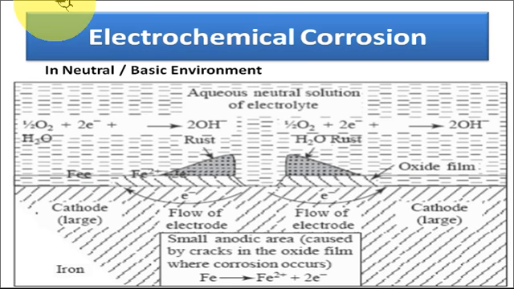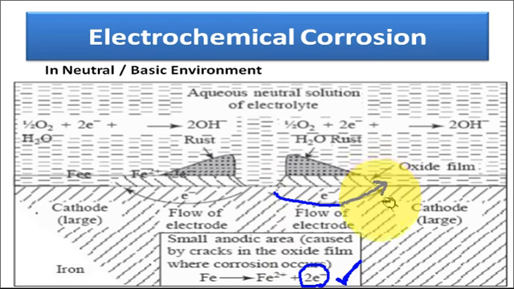Okay. So at the anodic part, as always, oxidation takes place. In oxidation, iron is converted into Fe2+ ions and electrons are released. Always at the anodic part, oxidation takes place. So the electrons released at the anodic part now move towards the cathodic part. Okay.